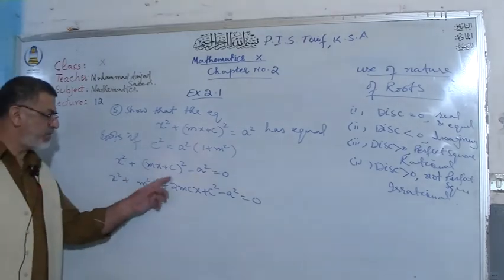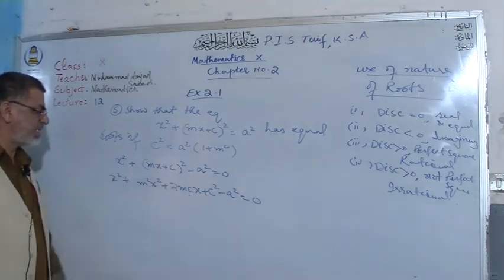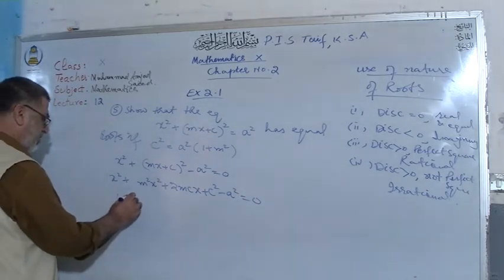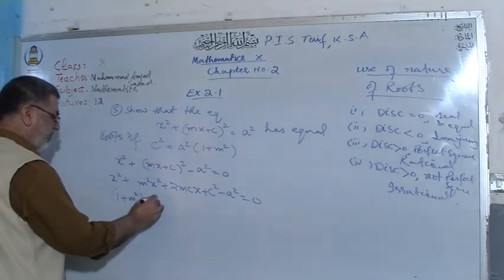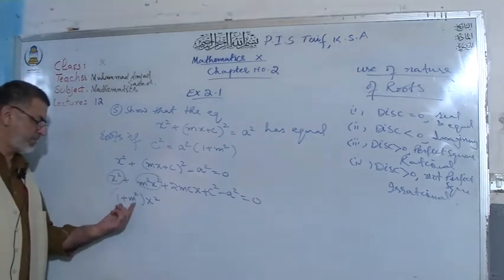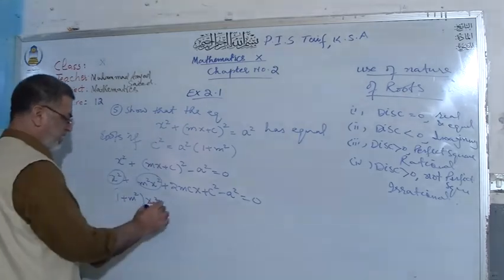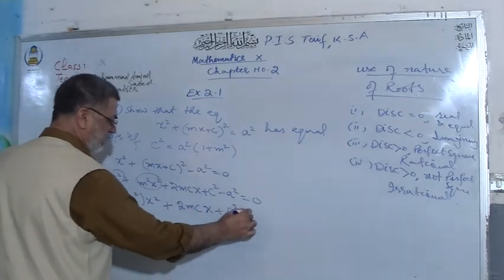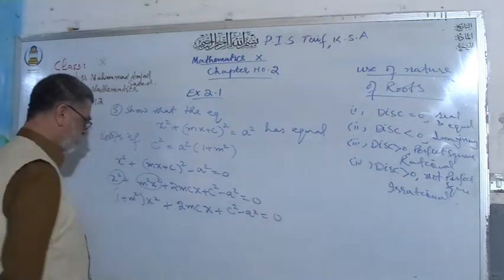First square plus 2 into first into second plus second square. Now you can take x square common from first two terms, 1 plus m square. And here is 2mcx and plus c square minus a square is equal to 0.